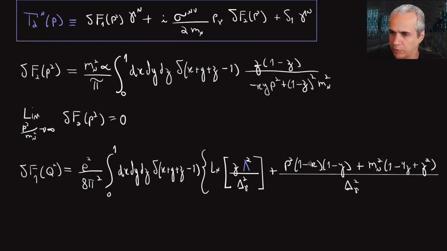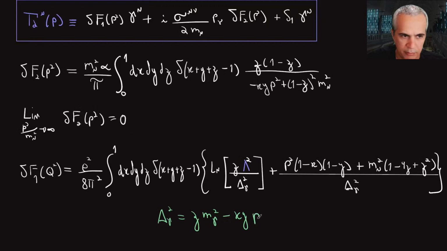Then delta gamma squared, and I have to close the brackets right here. And I think that's fine. So delta gamma is the usual thing. It's just z m gamma squared minus xy p squared plus (1 minus z) squared m mu squared. This is the general expression for delta F1.